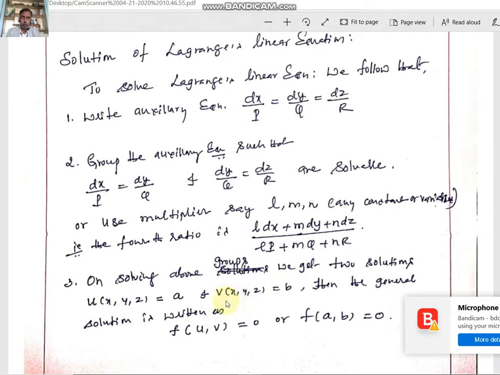You will get two solutions, the u function equal to a and the v function equal to b. Combine them in the form f of u, v is equal to 0. So we will obtain the solution. So this is the method of solving Lagrange's linear partial differential equation.